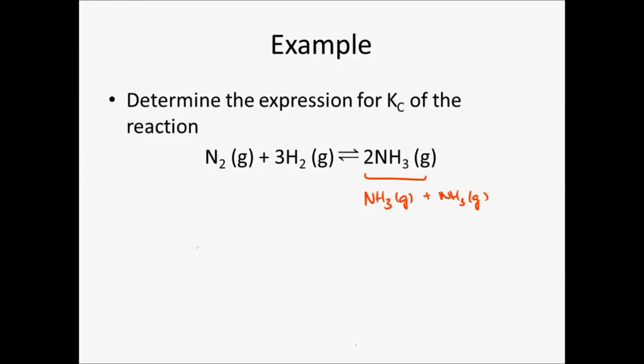So the equilibrium constant for this reaction is therefore NH3 squared, this 2 here comes from the reaction coefficient, divided by the concentration of N2 divided by the concentration of H2 cubed, because we have a coefficient 3 here.